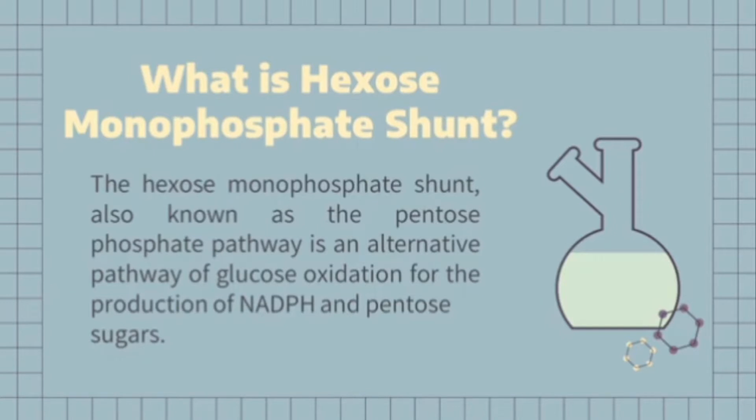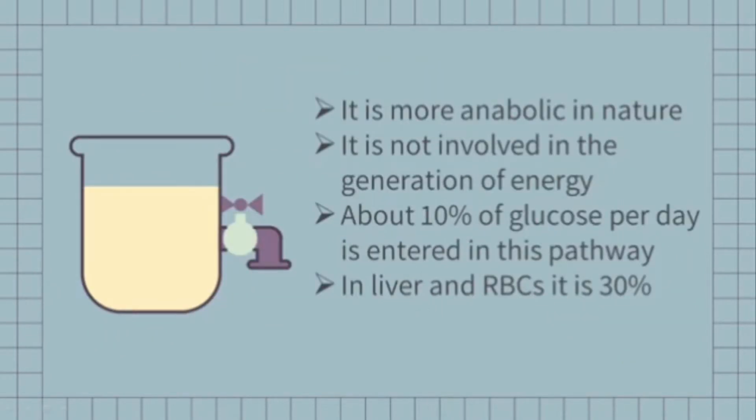It has many other names, like the pentose phosphate pathway, Dickens-Horecker pathway, phosphogluconate pathway, or simply the shunt pathway. It is more anabolic in nature. Anabolic is a metabolic process in which simple substances are transformed into complex molecules, meaning it requires energy to grow and build.